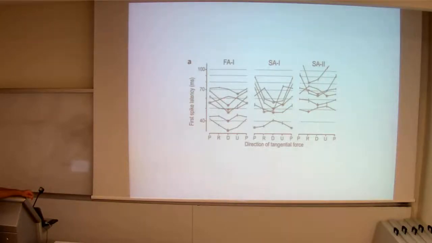For these ones it's different, but each fiber has its preferred direction, if you want, as a latency for the first spike, and it has some variability in its latency to the first spike.